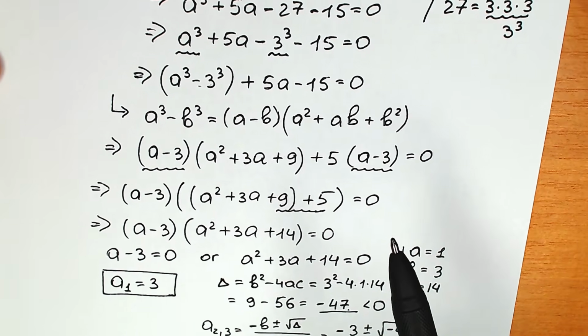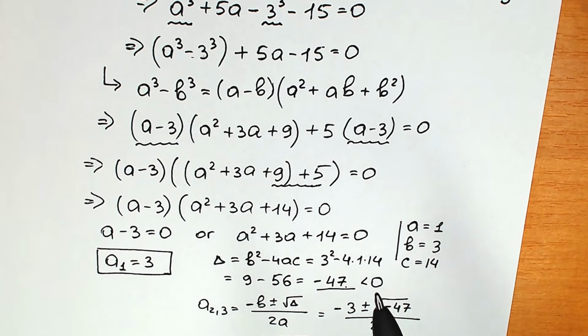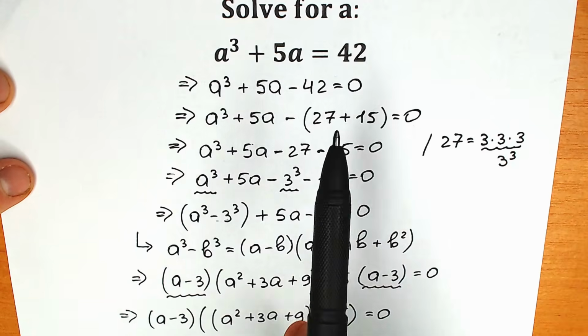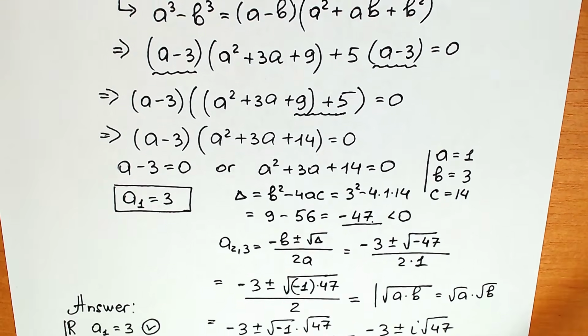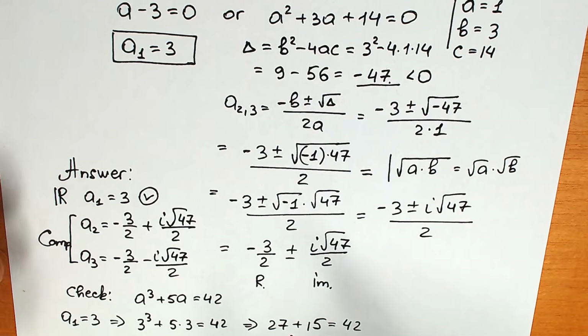I'm not going to lie, you spend twice as much time to solve this question with the Cardano formulas. With this trick, you can easily solve this question without any problems, because with Cardano formulas you're going to solve it a little bit longer than this solution.